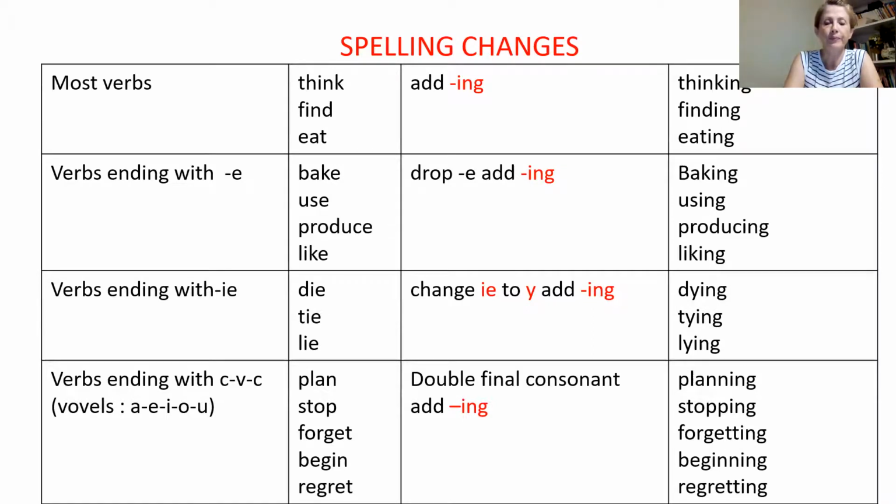So again, how does it change? We double the final consonant, the N, and add ing. Plan changes into planning, stop changes into stopping, forget changes into forgetting, begin changes into beginning, regret changes into regretting. Good, I hope this was also helpful.